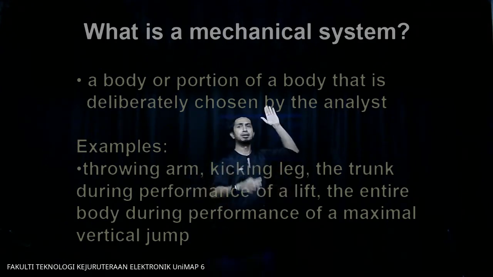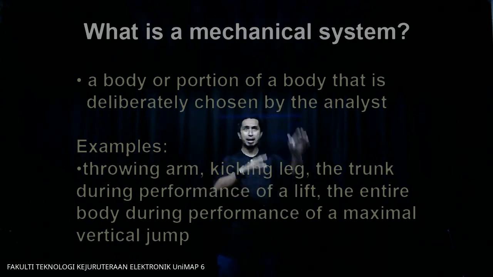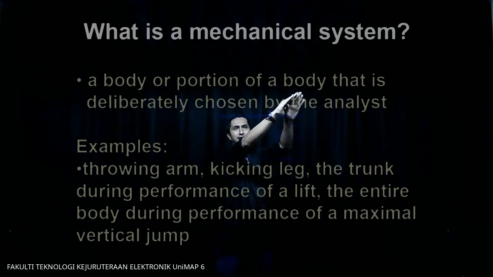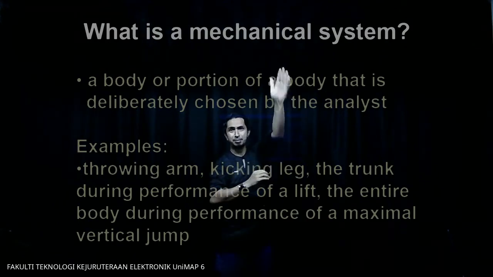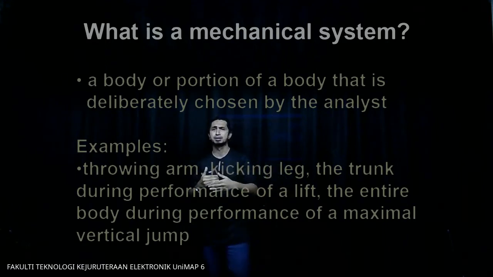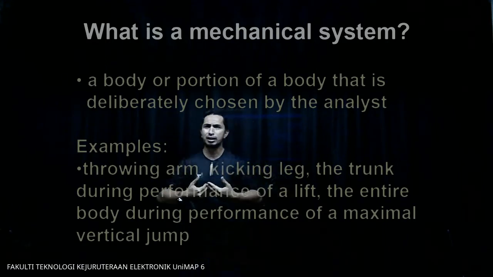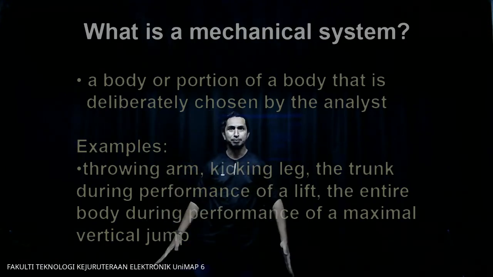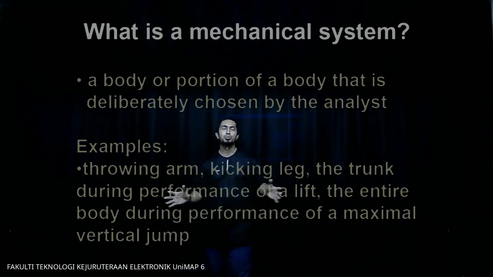In badminton, for example, if I just want to take my hand, this is my mechanical system. For cycling, if you want to focus only on the lower limb, that will be your mechanical system. So it depends on what you are doing.